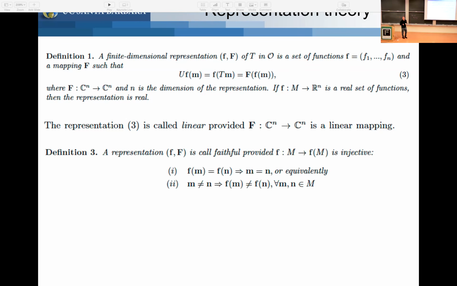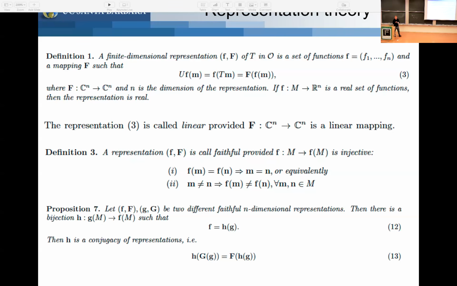We'll call the representation faithful if the set of functions little f separates points in the state space. So no two points in the state space give you the same values of little f's. And the nice thing is that if we have two different faithful n-dimensional representations, I didn't say efficient.